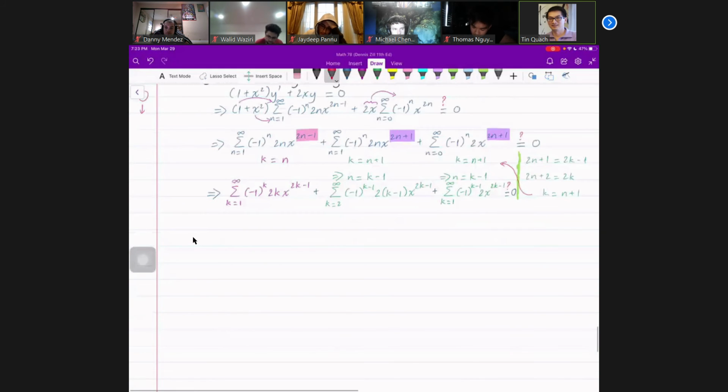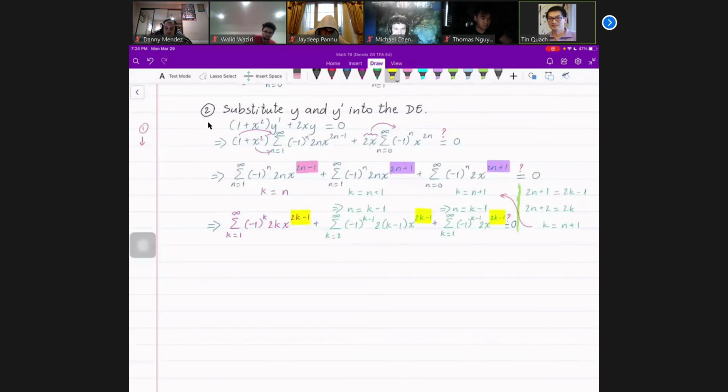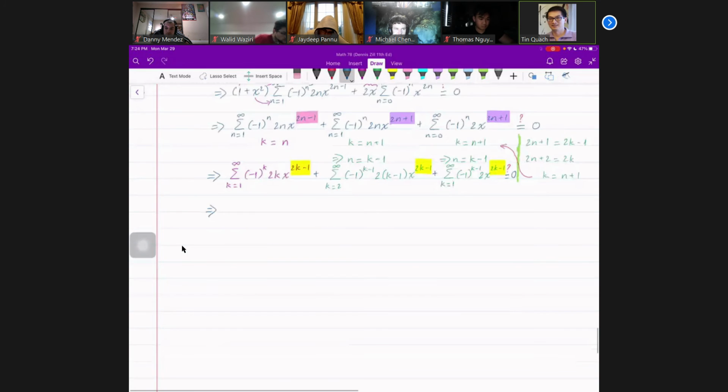Okay, so now all of them have the same exponents, but they have different starting values. So for this one, you can pull out the first term, so k starts at 2, and they match with this. Let's do that. I need to write a little bit smaller so I have everything on the same line. For the power series in purple, I take out one term.